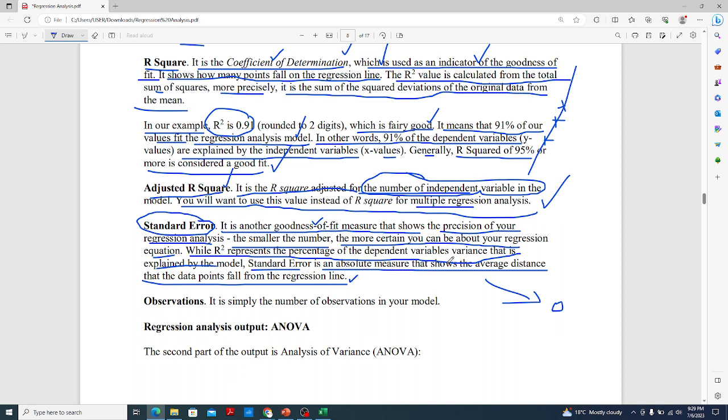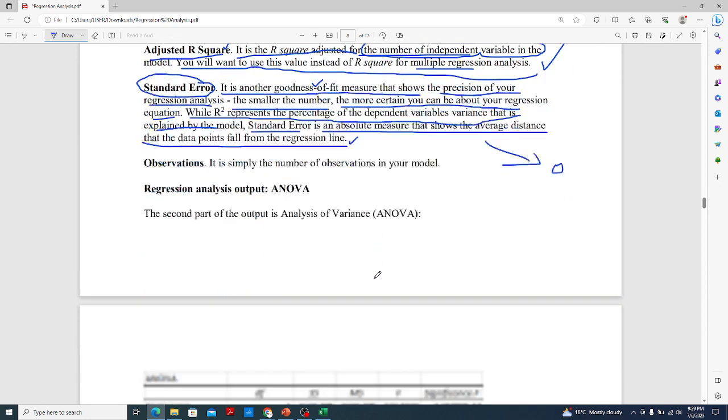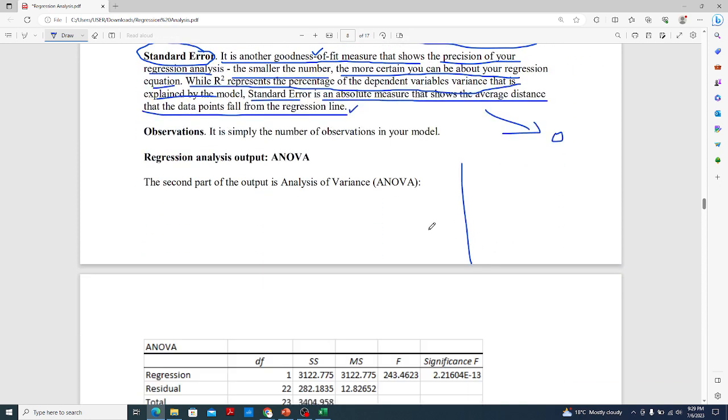So the standard error shows us the average distance. Let's take this model: we have some data points which are far away from the regression line.